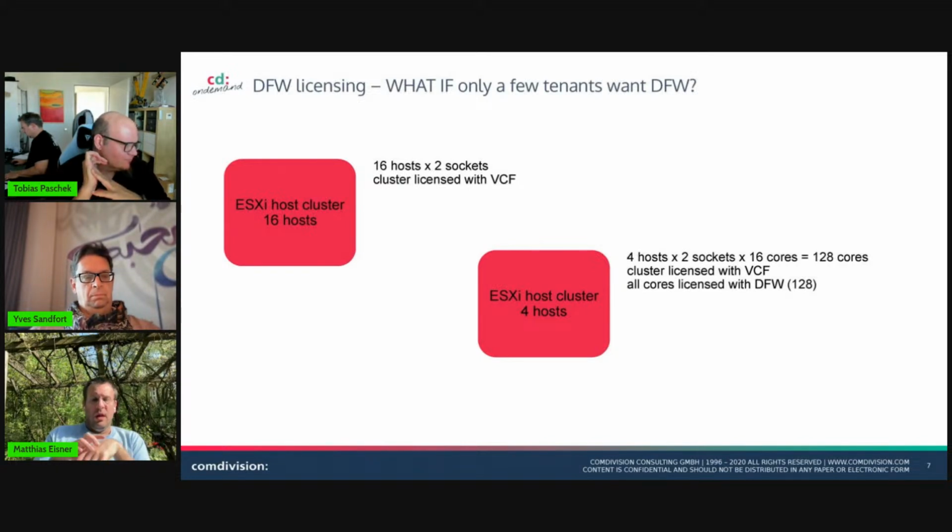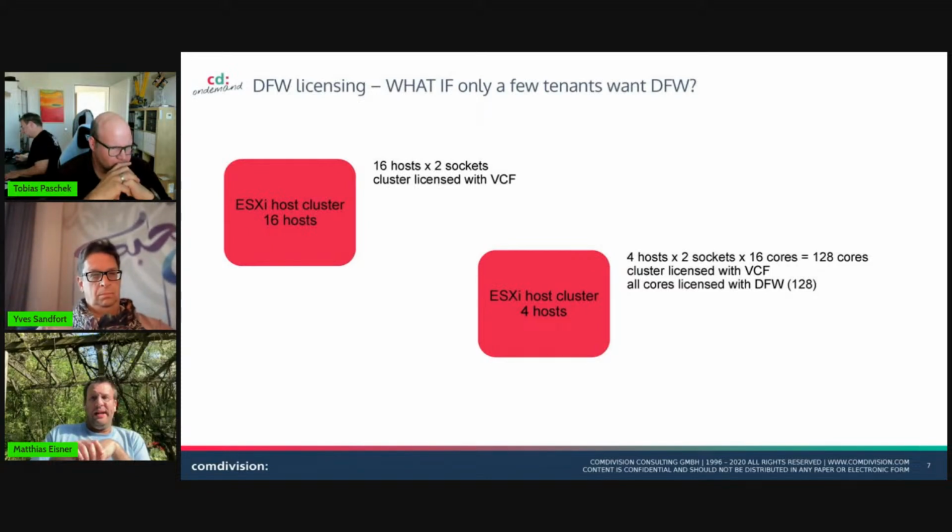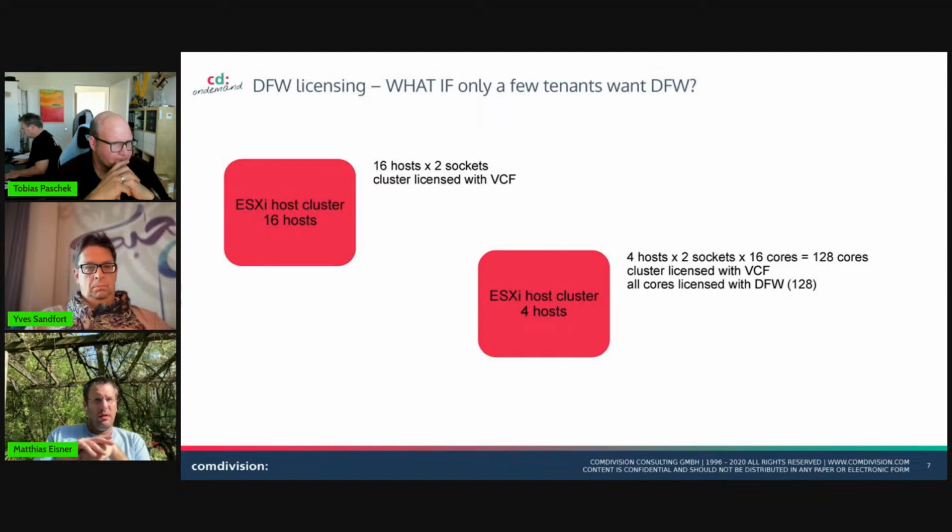But again, from a technical standpoint, I haven't seen that many service providers using the distributed firewall currently because of tenants breaking their own infrastructure, because any block means any block, and there is no a bit of any. Any is any.